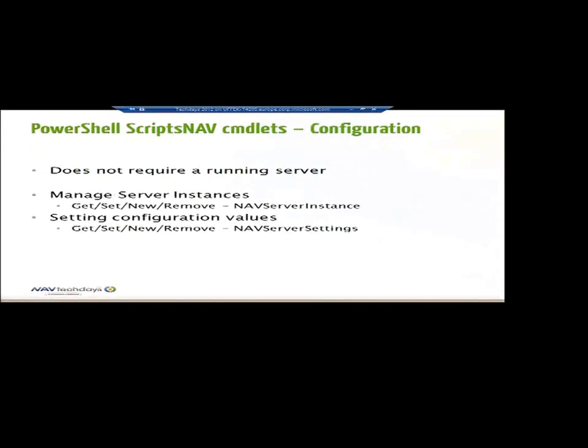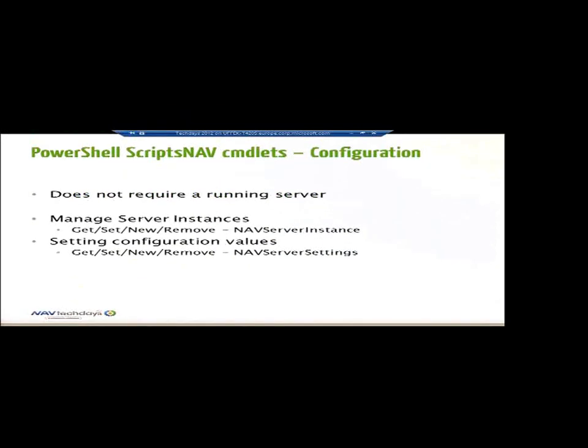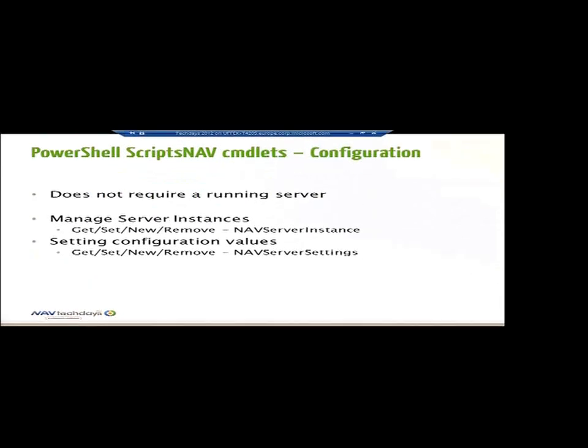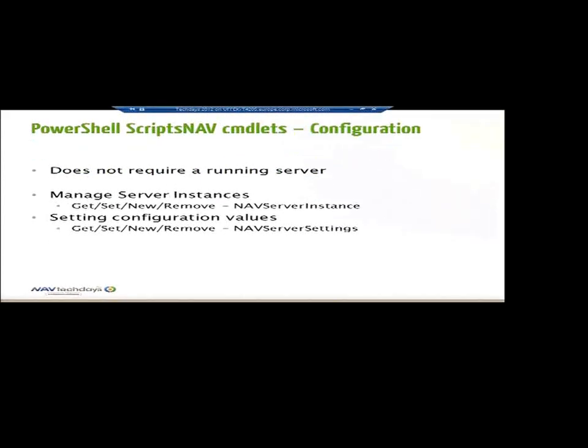That was the next part I was going to talk about: there are 3 categories of PowerShell scripts. Something that does not require the instance to run, and that's the simple one, such as getting the list of instances. You saw you can show instances that are not running. You can add and remove instances.